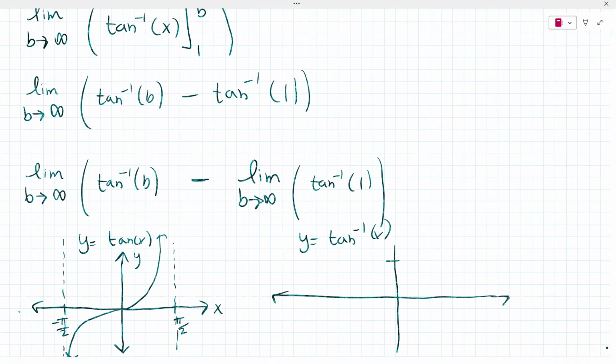It's the reflection of this, so you have a horizontal asymptote at pi over 2, and another horizontal asymptote at negative pi over 2.